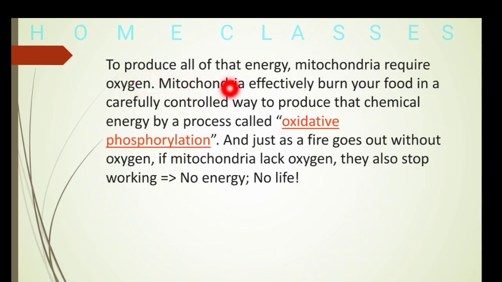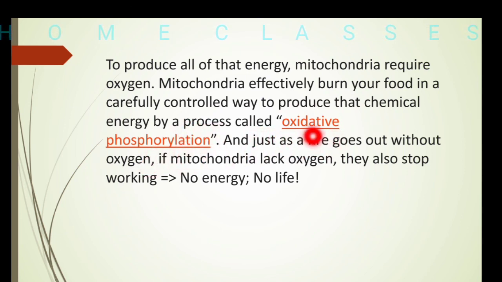To produce all of that energy, mitochondria require oxygen. Without oxygen, mitochondria cannot break down or burn the food. Mitochondria effectively burn your food in a carefully controlled way to produce chemical energy by a process called oxidative phosphorylation.